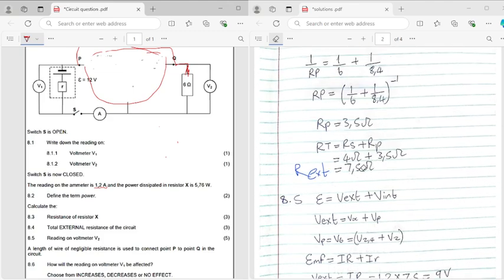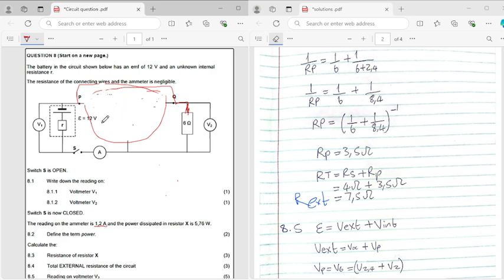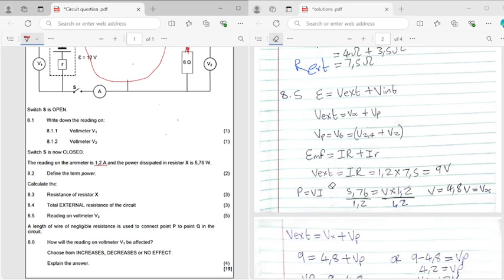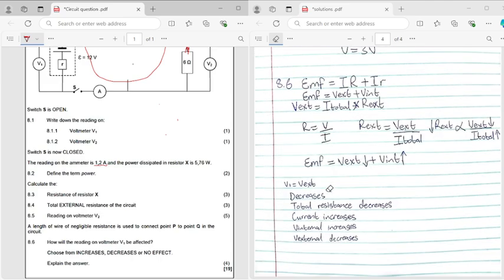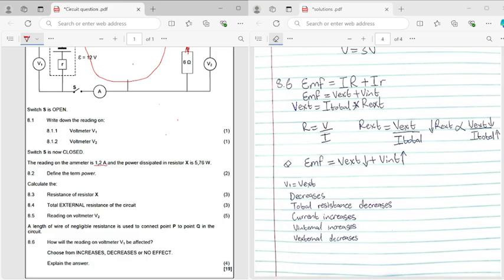Now, if there's no current flowing in those other three resistors, the external resistance is now 6 instead of 7.5. So what happened to the external resistance? It decreased, since it was 7.5 and now it's going to be 6. And remember that this value of external resistance did not include the small r.